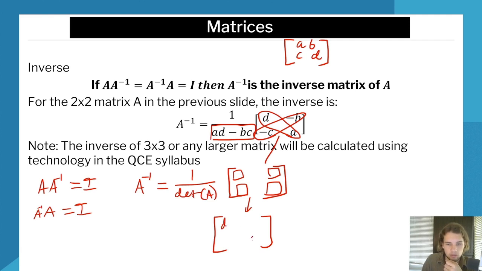So D and A swap, and then C and B have flipped signs. And then we multiply that by 1 over AD minus BC. If you can remember that, it's useful.